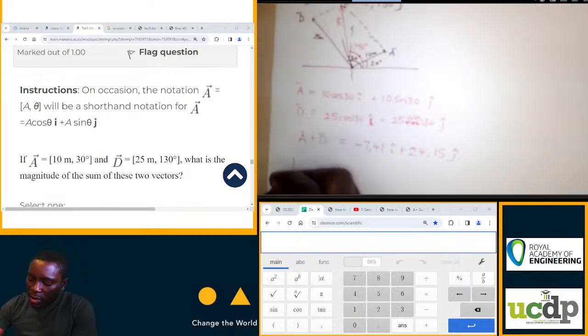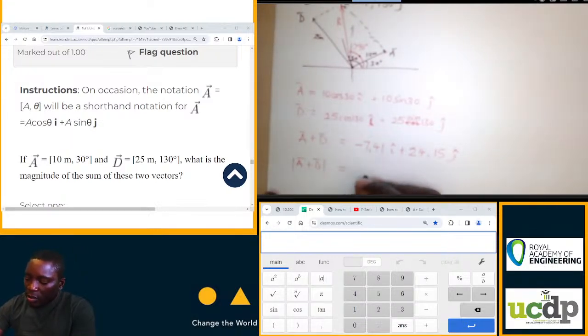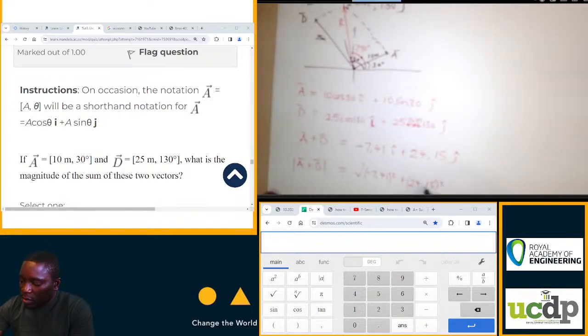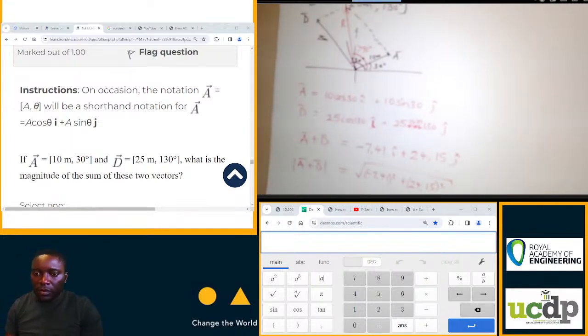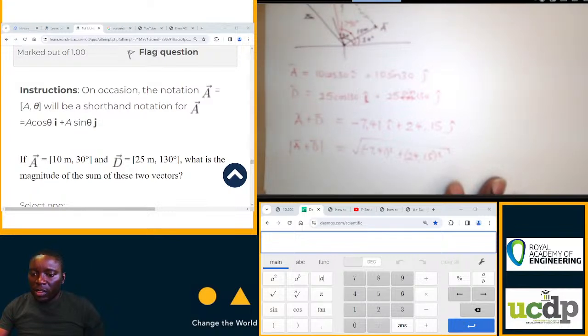Right, so the magnitude therefore will be equal to the square root of minus 7.41 squared plus 24.15 squared.